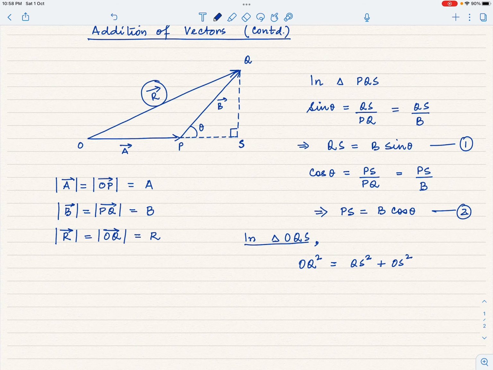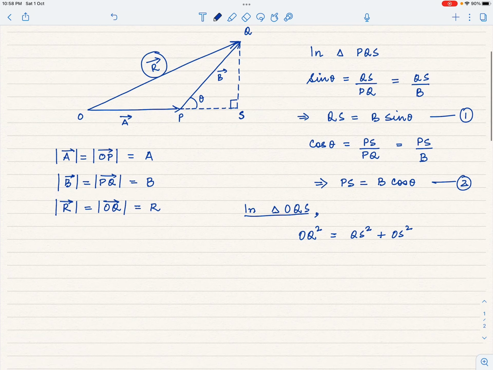This comes from the Pythagoras theorem, right? OQ, understand, is nothing but the magnitude of vector r, so we can write it as r squared. It is equal to QS, which from equation number 1 we know can be written as b sine theta, whole squared, plus OS. See that OS can be written as OP plus PS.